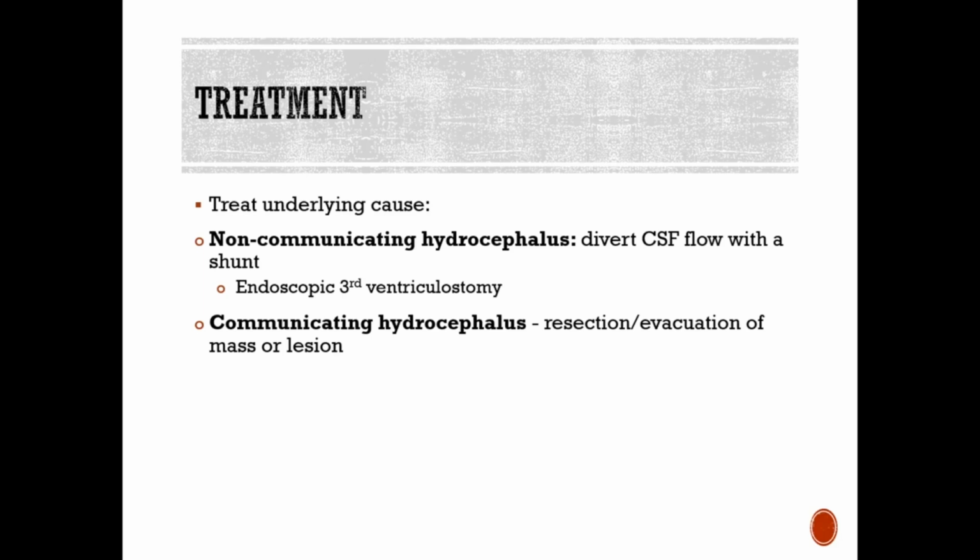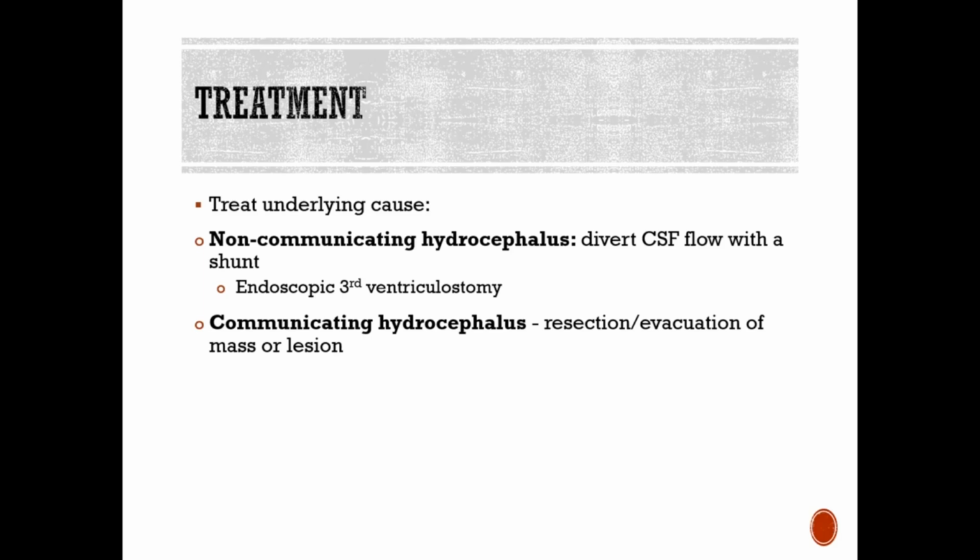So for non-communicating hydrocephalus, we're going to divert the cerebral spinal fluid flow with a shunt. And for communicating hydrocephalus, do a resection or evacuation of the mass or lesion. Okay, so the treatment of hydrocephalus is directed toward relief of ventricular pressure.